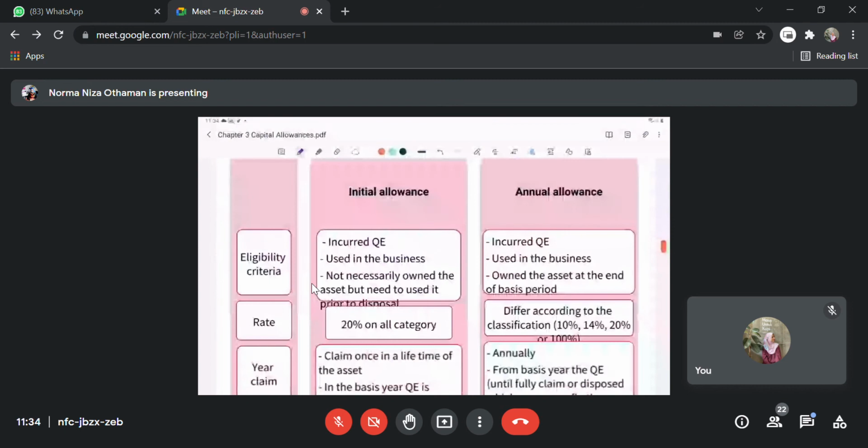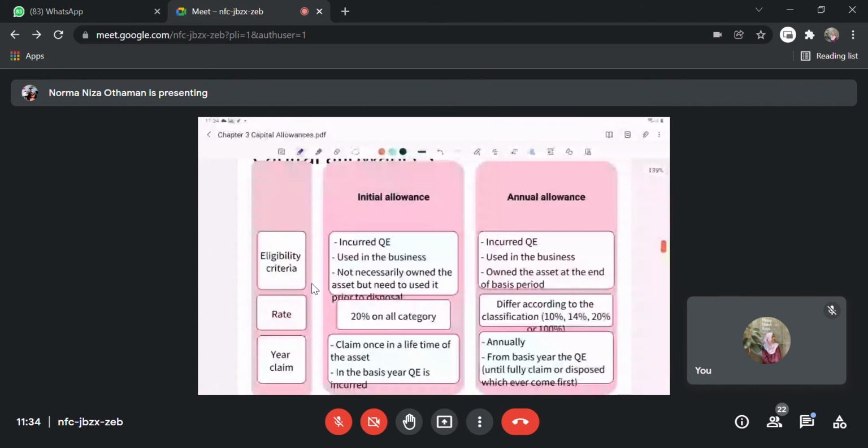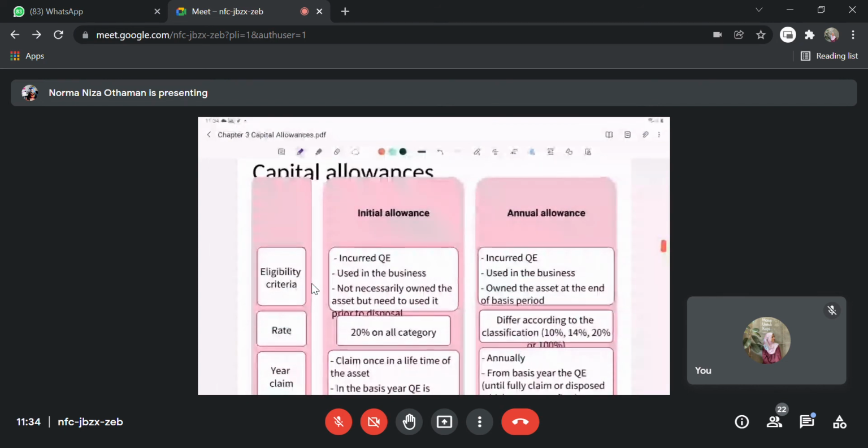Okay, so kita nak go to the types of capital allowances tadi. Kita ada dua jenis, normally dua lah, tiga kalau you tengok dekat saya punya atas. Tiga tu terjadi sekiranya ada notional allowances. So selalunya kita pakai dua ni lah. Right, so dua jenis capital allowances, yang pertama is initial, yang kedua is annual.